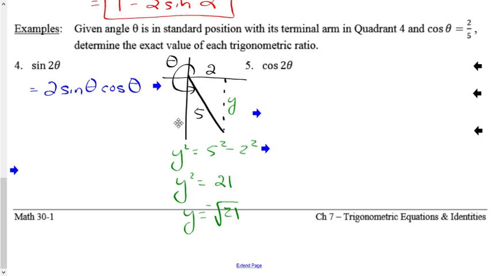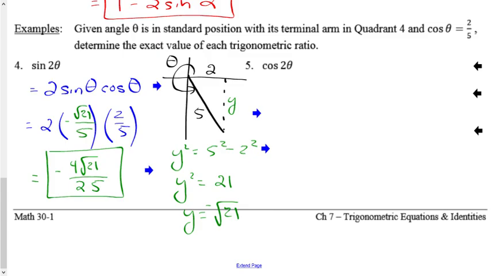I take note that it's in the fourth quadrant, so I'm going to take the negative square root. It's just a little bit hard to see, but there's the negative sign. And then I can substitute in y being negative root 21 all over the r value of 5. That's going to be the sine of theta. Simplify it, and there's our answer.